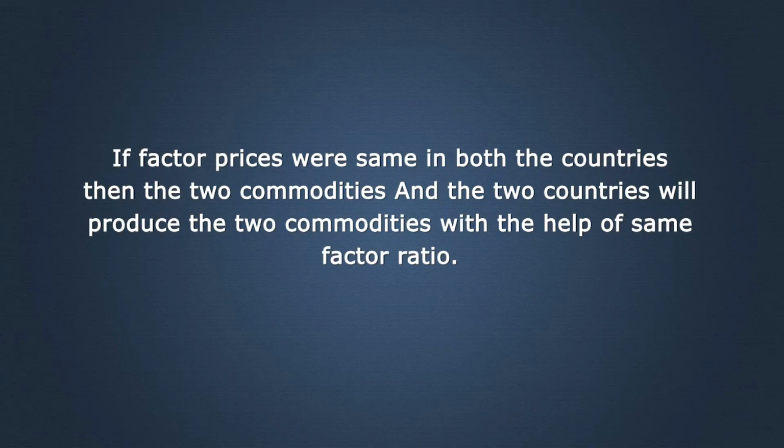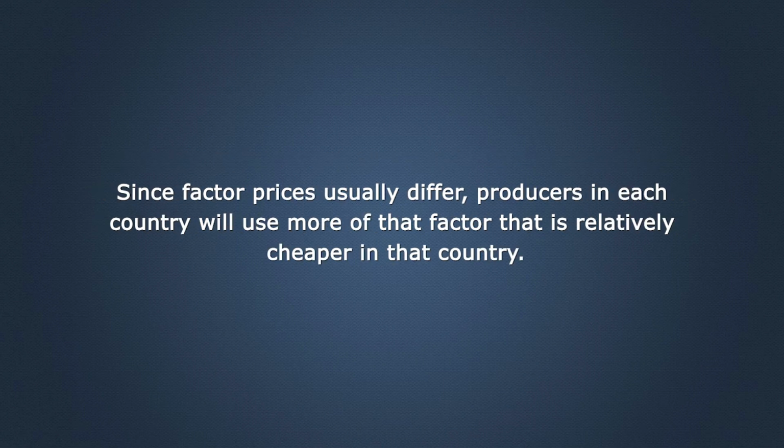Both countries use the same technology implies that if factor prices were the same in both the countries, then the two countries will produce the two commodities with the help of the same factor ratio. Since factor prices usually differ, producers in each country will use more of that factor that is relatively cheaper in that country.